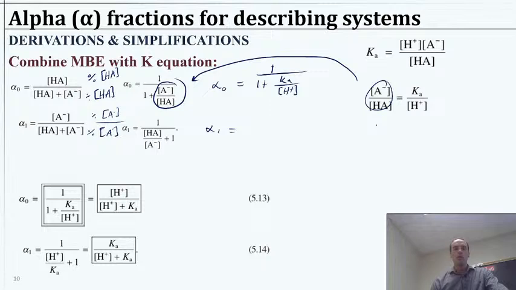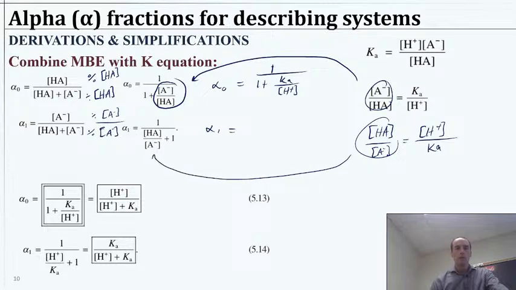We could simply say HA divided by A minus, and just flip both sides, right? So it's H plus over Ka. So then we insert that piece in here. And now our alpha 1 fraction should be 1 over 1 plus H plus over Ka. So really it's just flipping that piece in the denominator.